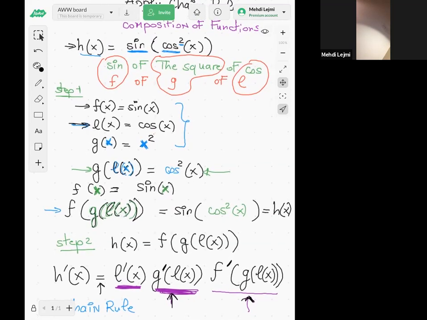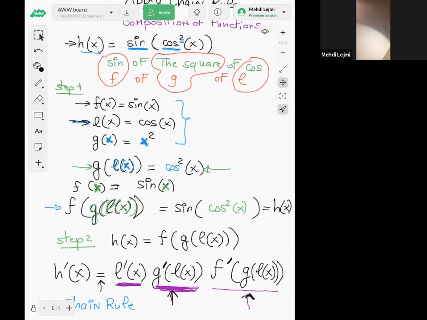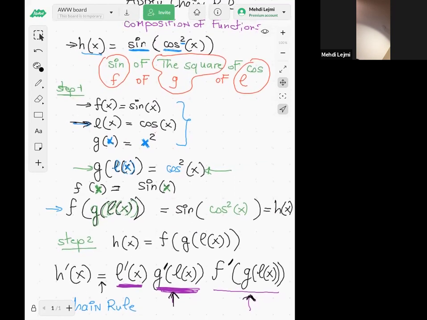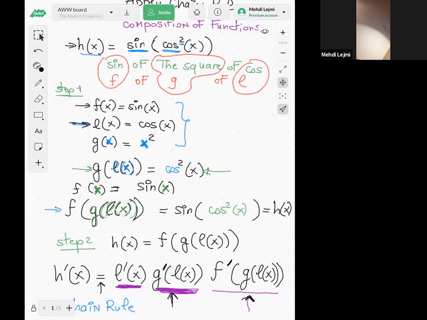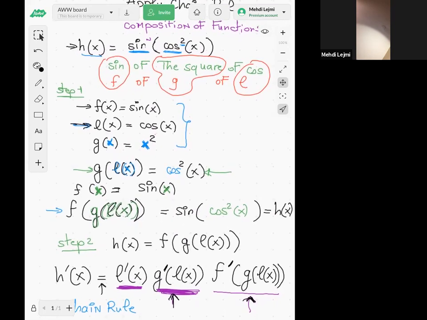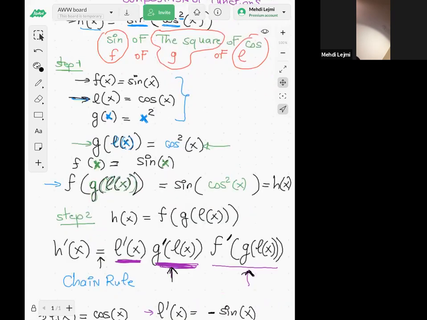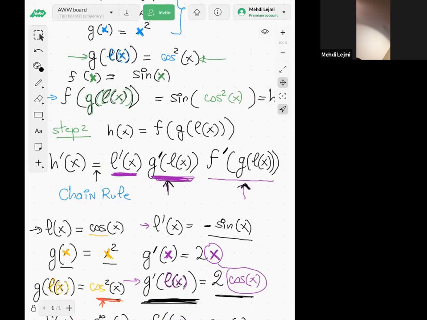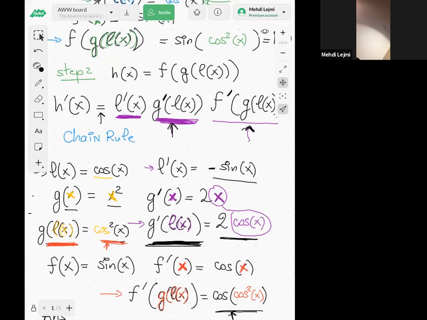So here we have sine of the square of cosine. That's why the first function will be f, the square is my g, and the l is the cosine. And then, of course, you have to apply the chain rule for composition of 3 functions.